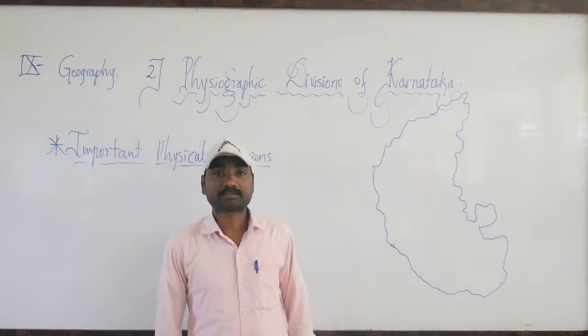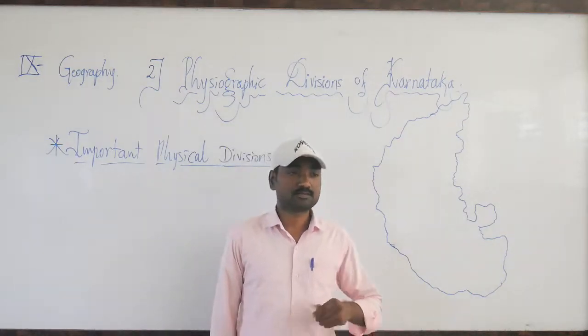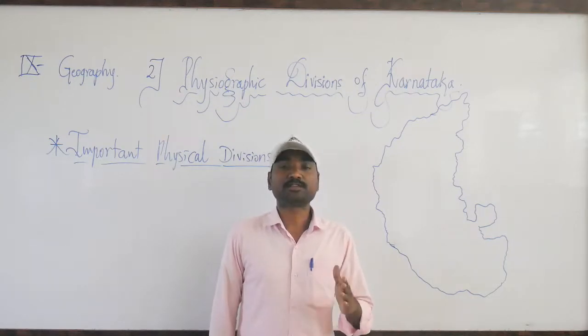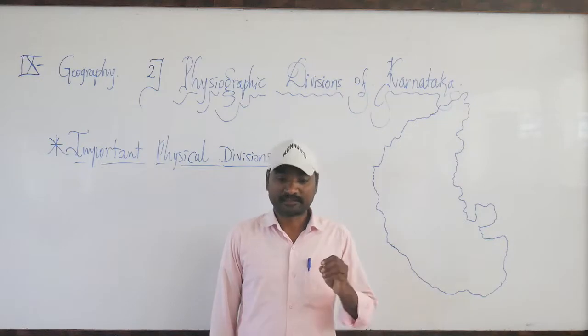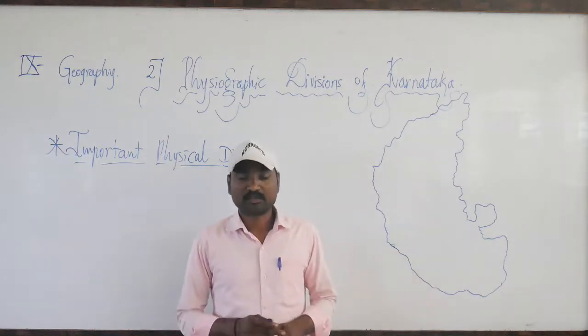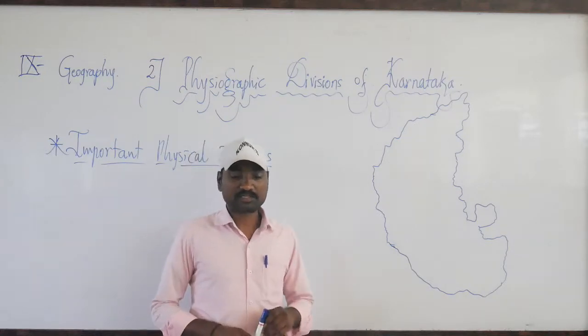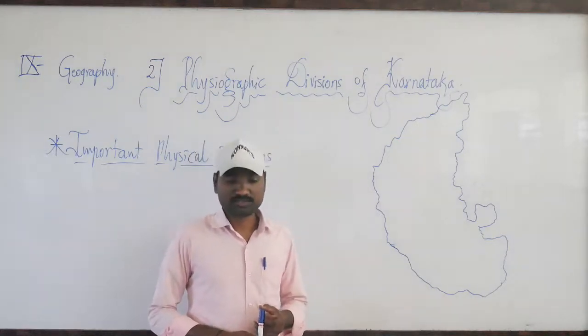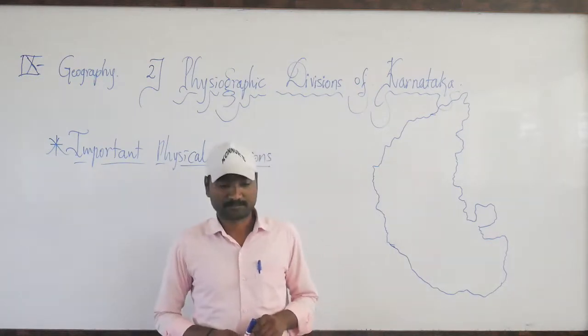Karnataka has diverse physical features, meaning varied relief features, geographically. The southern part of Karnataka consists of undulating physiography, undulating meaning having a wavy surface.